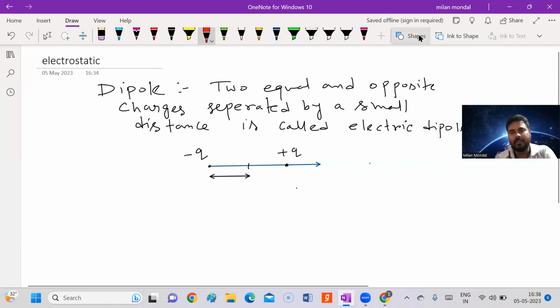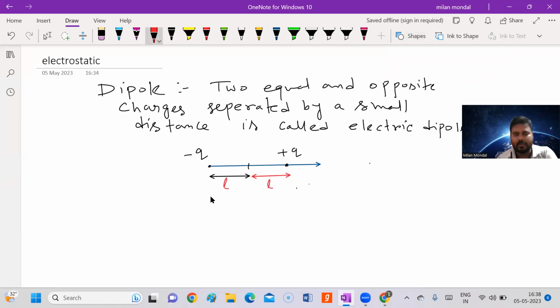When we do the calculation, we'll understand why we are considering that distance as two parts. So this one is L and this one is also L unit. Now this middle point we are taking as a reference O. So this is a configuration of a dipole.